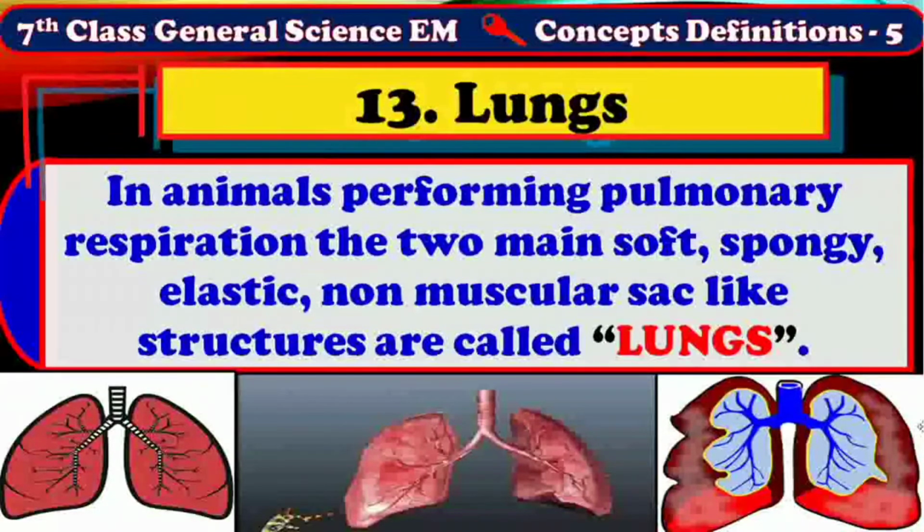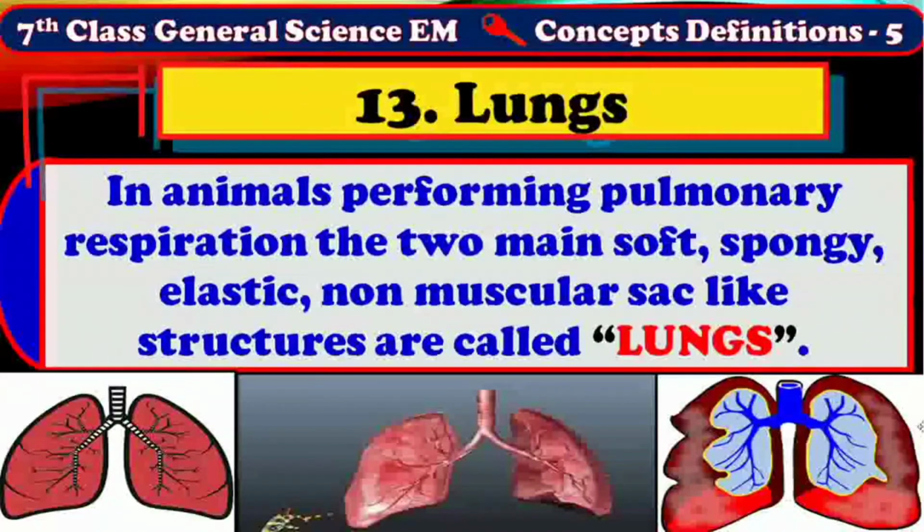Here, the study of lungs and lungs-related diseases is called pulmonology, and the doctor who treats lungs-related diseases is called pulmonologist. These lungs are surrounded by a two-layered protective membrane called pleura.